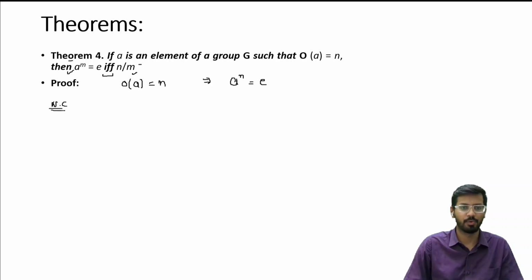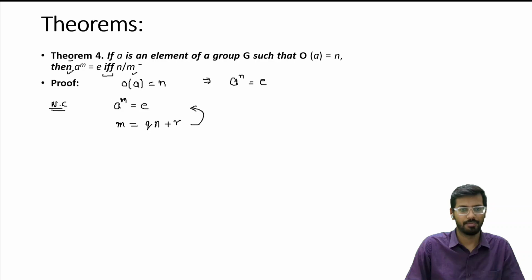So to prove the necessary condition, suppose given that A raised to power m is E. Okay, now we have to prove that n divides m. For that, by the division algorithm we can take m is equal to qn plus r. By division algorithm we can take this.